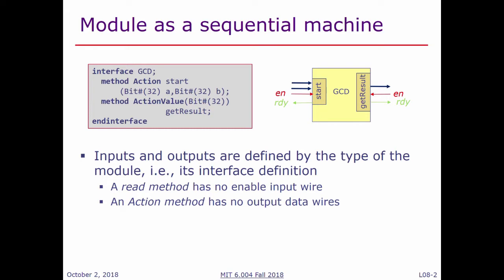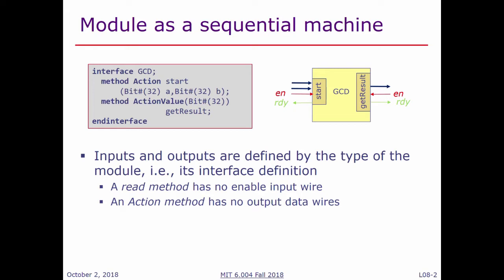Because it's an action method, it has an enable wire going in. And because all methods have a ready signal coming out, you have that green wire coming out which says I'm ready. You can enable it only if it is ready. This is a very high level protocol that will be implemented.